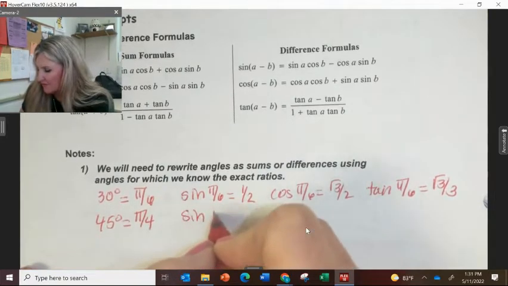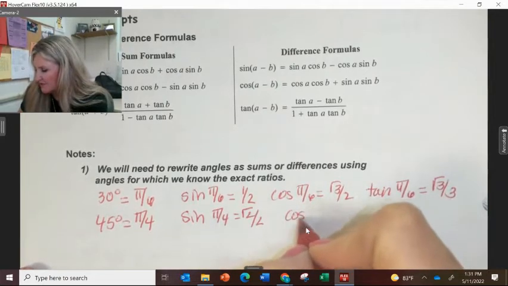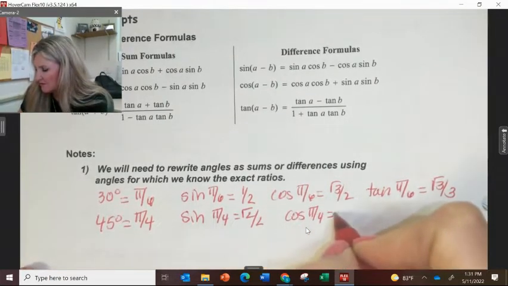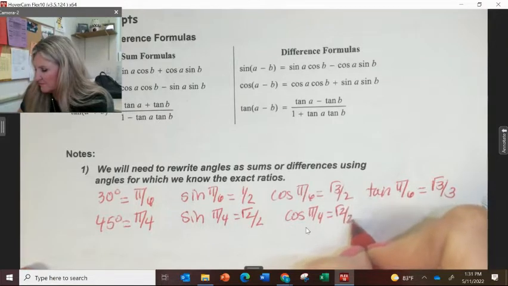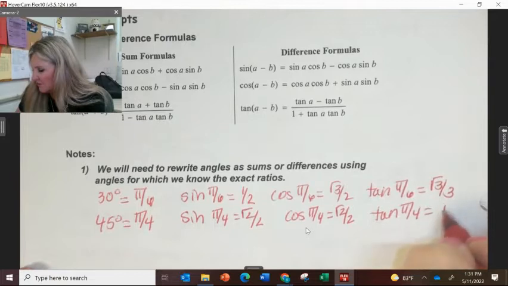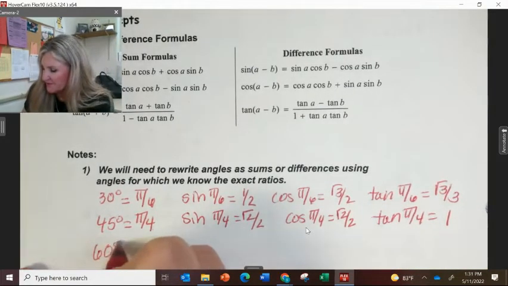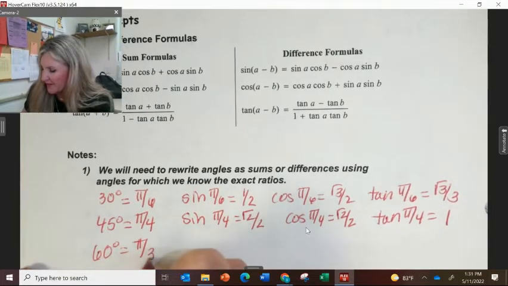And what's the sine of pi over 4? Good. What's the cosine of pi over 4? And what is the tangent of pi over 4? 1. What's the next one we come to? 60 degrees, pi over 3.